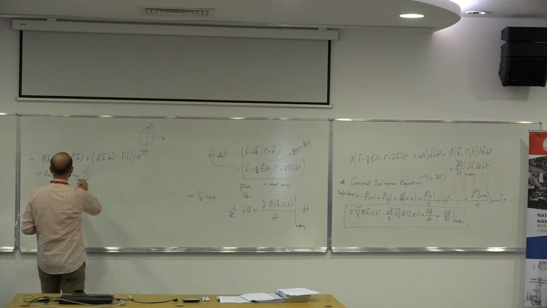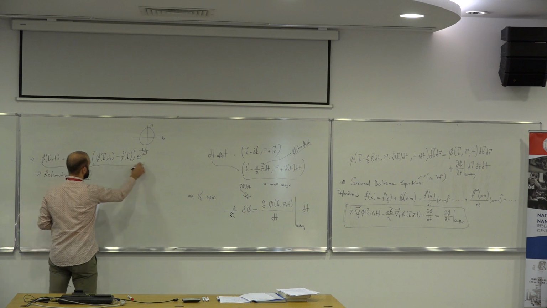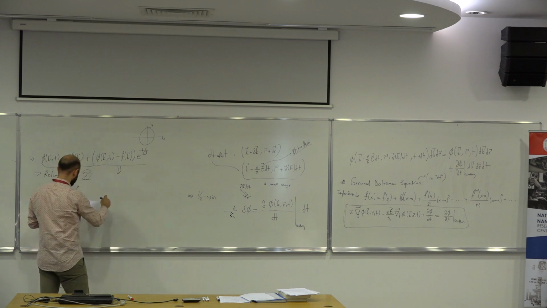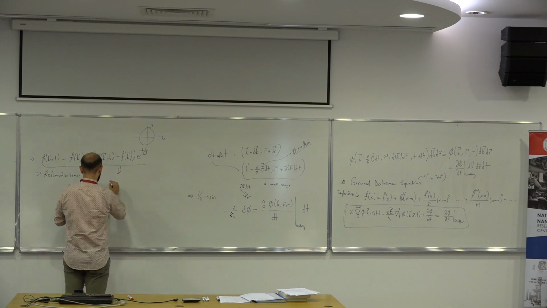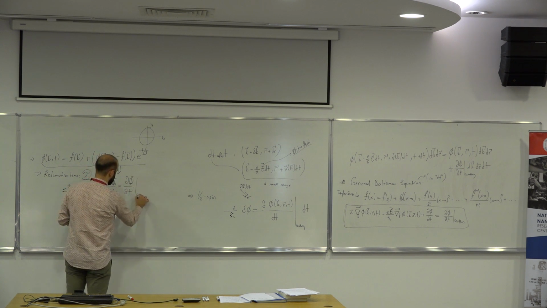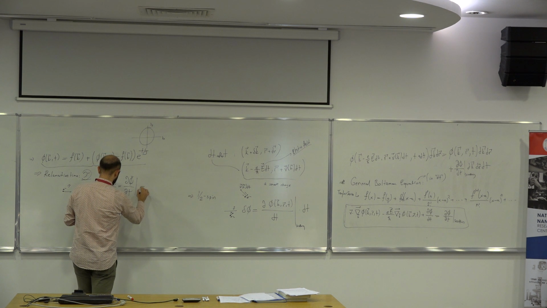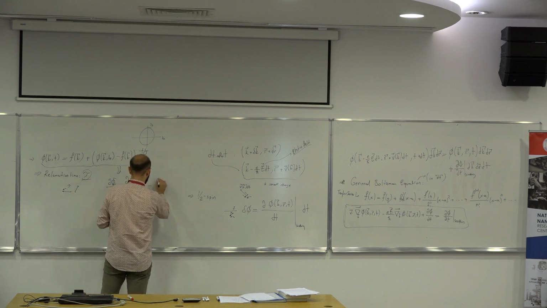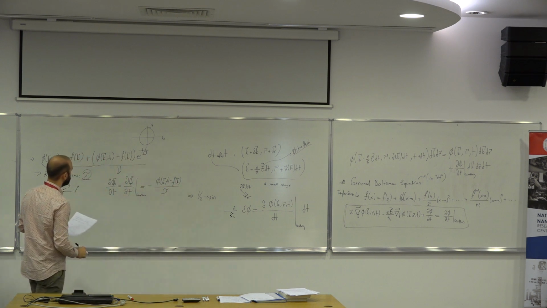So from this expression, this assumption, I should say, I can write down that the time derivative at the scattering event will be equal to f0_k minus f_k divided by tau.